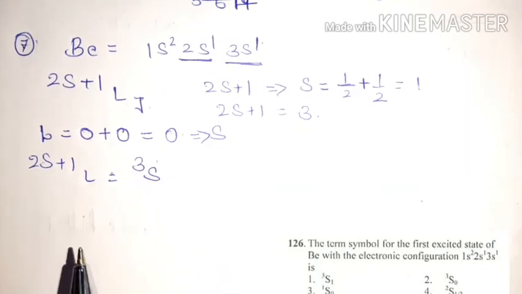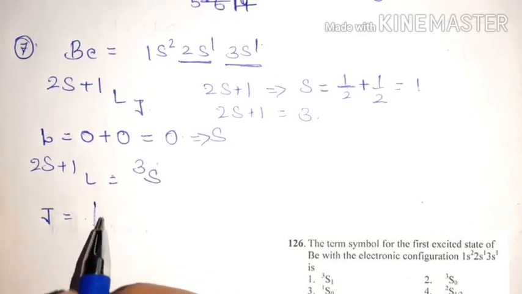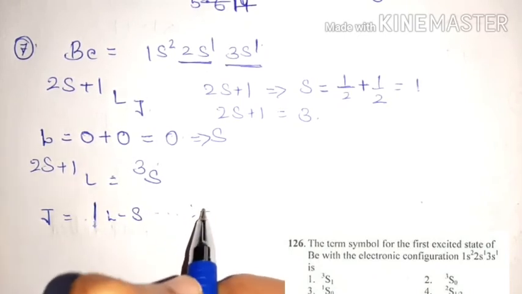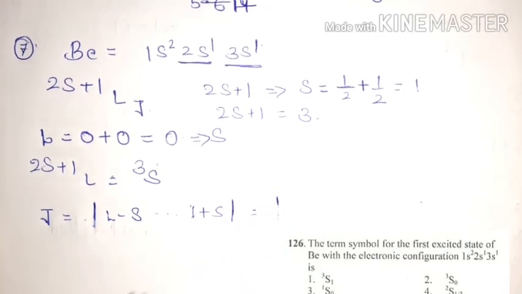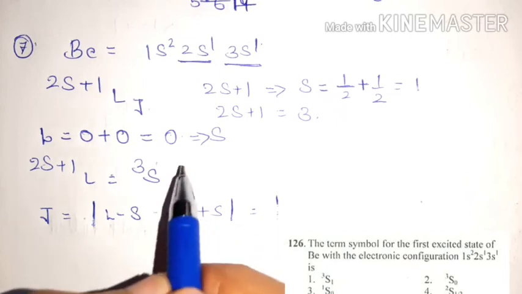Now you must find the value of J. Okay, so the value of J will be the modulus of L minus S to L plus S. So first of all, the value of L will be 0.